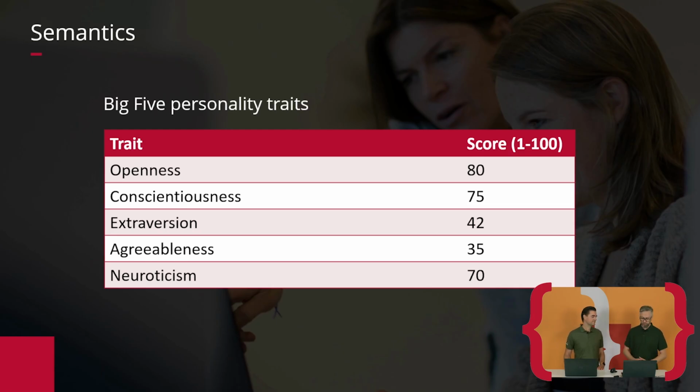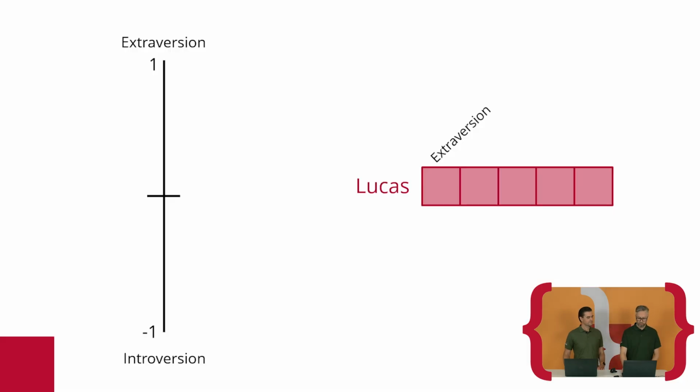We can take one of them, for example extraversion, so how extrovert or introvert a specific person is. So we take Lucas and we score him from -1 to +1. For example, you can say Lucas is a little bit introvert, so he's a minus 0.4 extrovert. And we can draw that on a line.